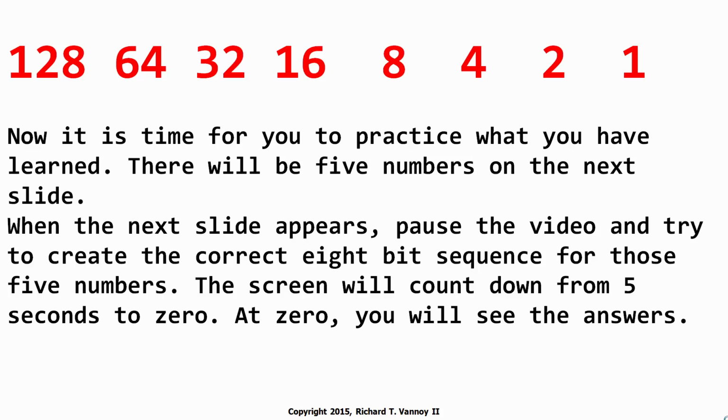That will allow you to look at the numbers on the screen, convert each one to binary on your own time, and just take your time doing it, get them right, and then when you've got all 5 numbers, resume the video. The countdown will go to 0, and when it goes to 0, we'll have our answers, and I'll walk you through each of the answers.